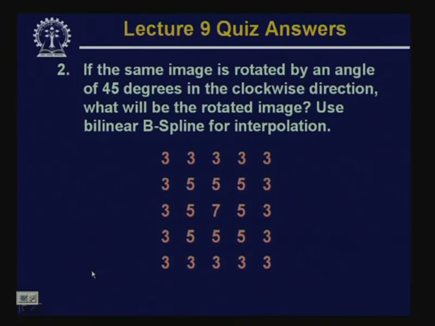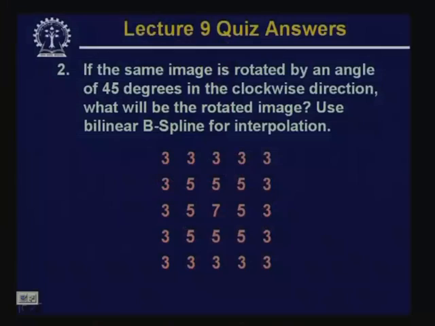The second one is also of the same type. Here the image is to be rotated by 45 degrees, and after rotating the image you will find that there are some locations where there is no intensity value. For those locations, you have to go for inverse geometric transformation, find to which point in the original image this point lies, and interpolate the value at that point using bilinear interpolation, as given in this problem and as we have discussed.